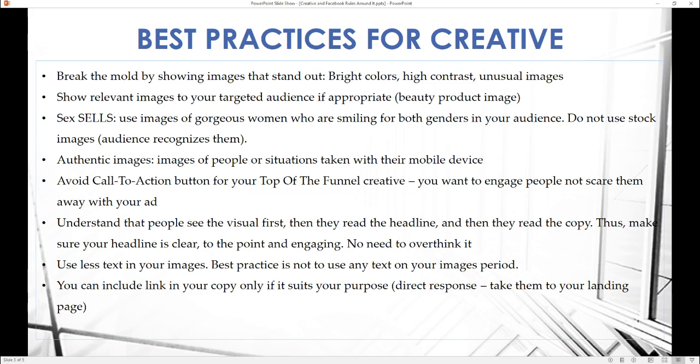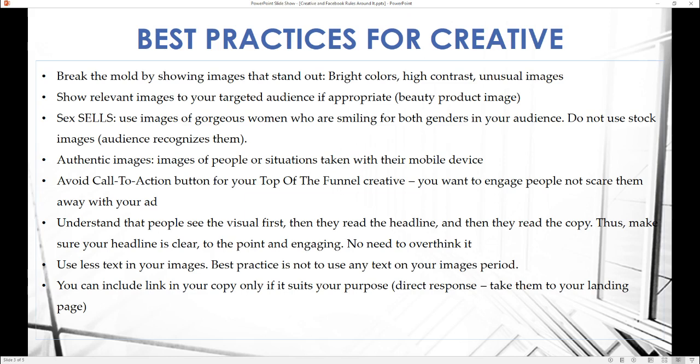So now another thing is that you probably have heard by now that usually Facebook does not like image to have any text on it. Before, there was a rule of 20% of the image, maximum 20% of the image can be text. So if you take one image and you divide it in five equal parts, only one part would be allowed to be text.